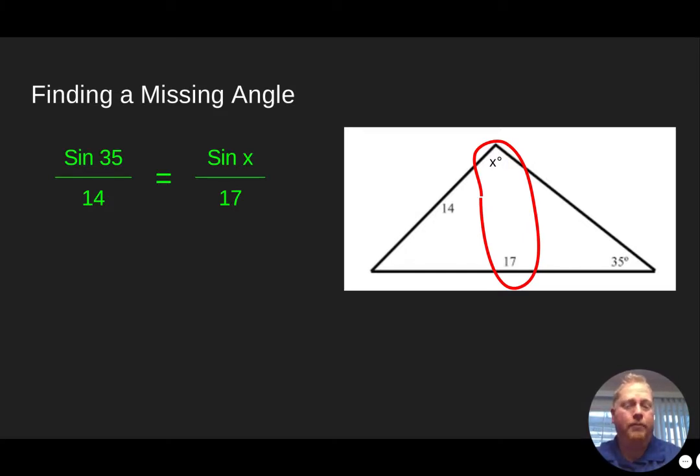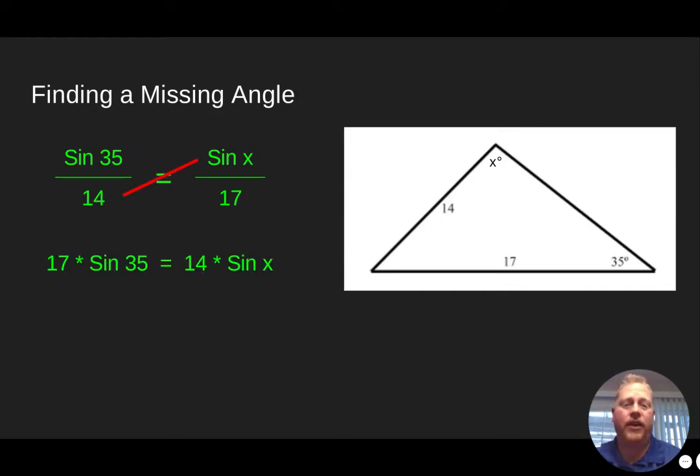So now that I've got it set up, I can go ahead and cross multiply. So 17 times the sine of 35 equals 14 times the sine of x. So now the fractions are gone. Now I want to start getting that variable by itself. So I see that I can divide by 14 on both sides, so I'll go ahead and do that.